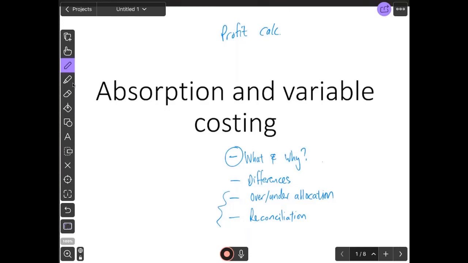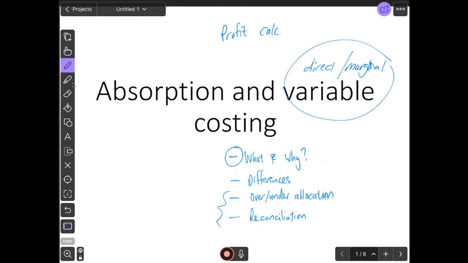The one is absorption costing, and the one is variable costing, or also referred to as direct costing, or sometimes marginal costing. So it's the same thing.